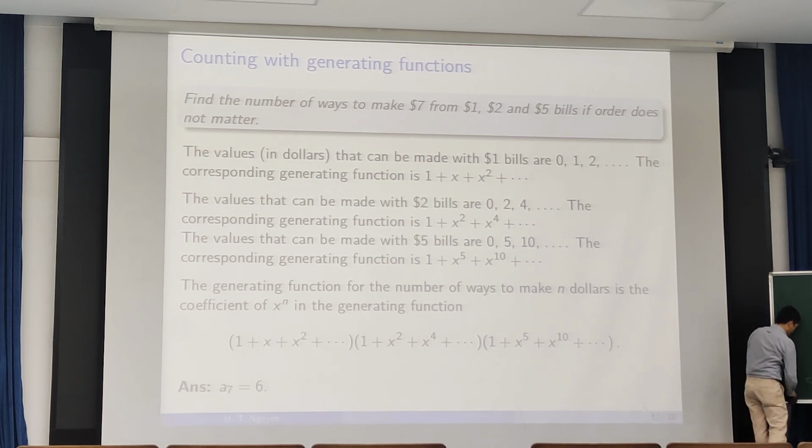Now you can truncate these sums at these cutoff values, do the normal calculation, and find the coefficient of the power of 7 in here.